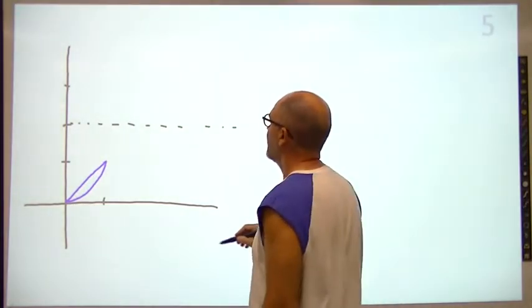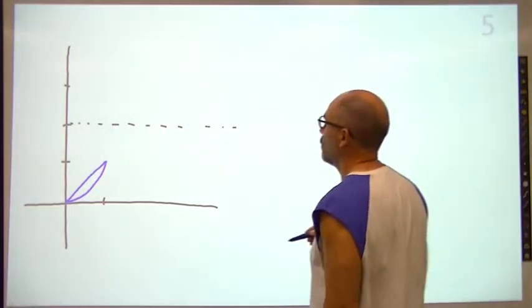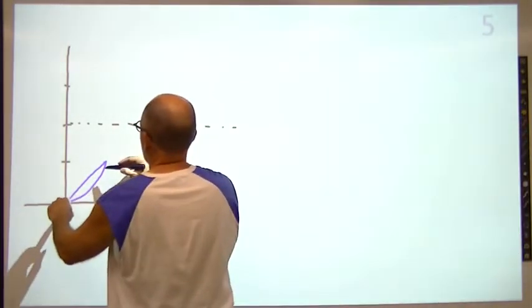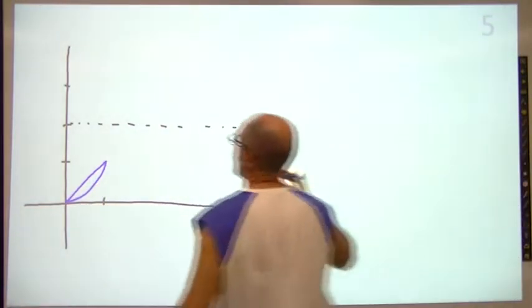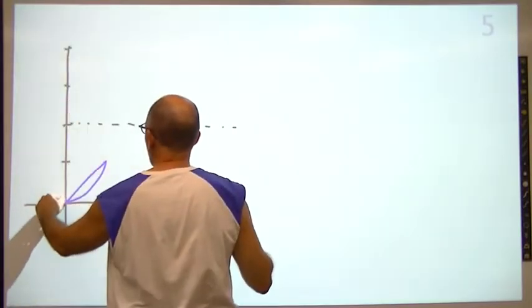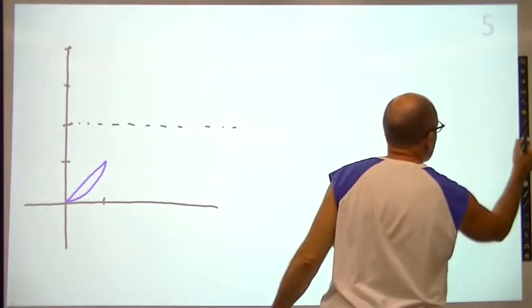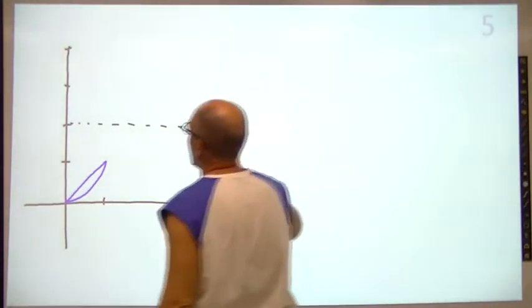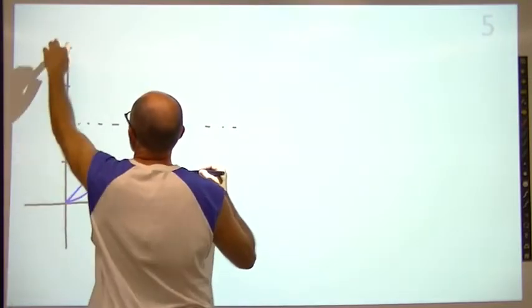So this is going to rotate up around here. So my new shape then starts out going from 2 down to 2 up.